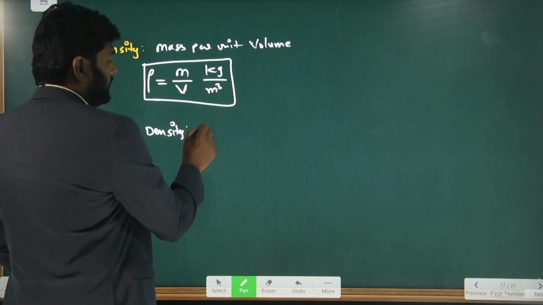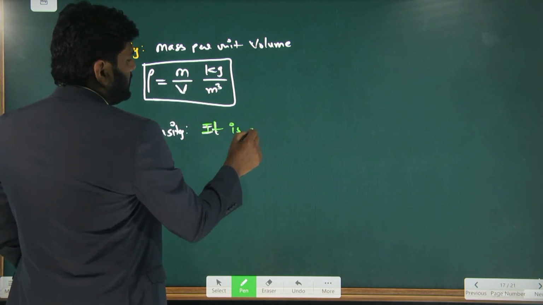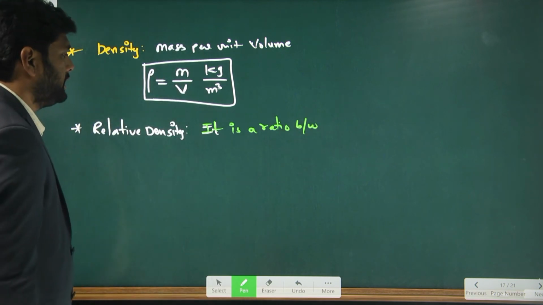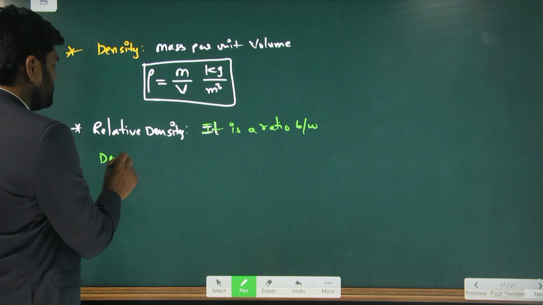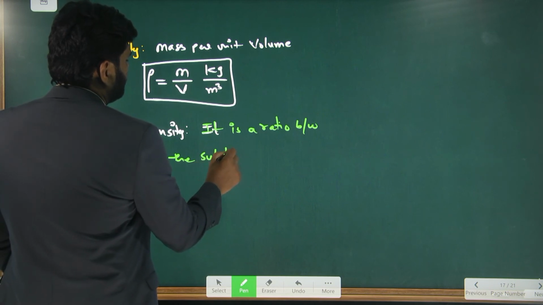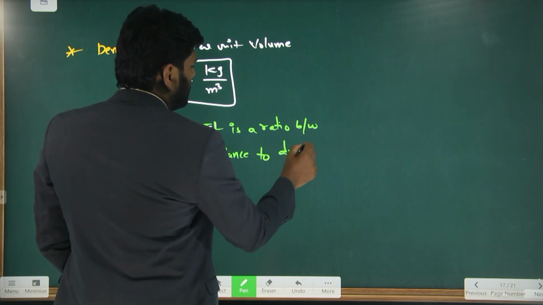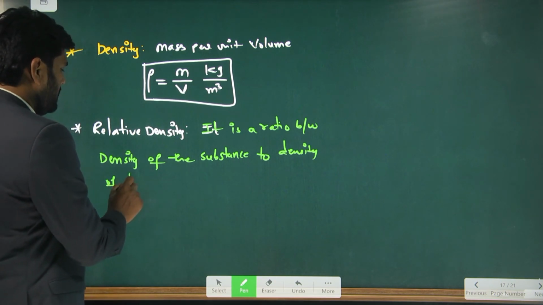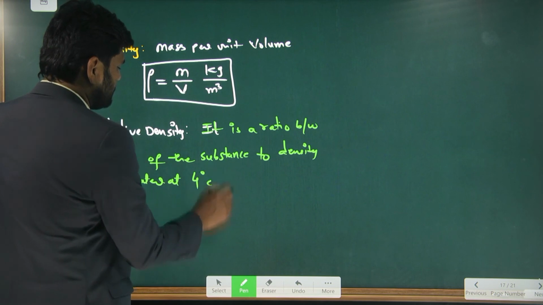Relative density is a ratio between two densities. Better to write the definition.